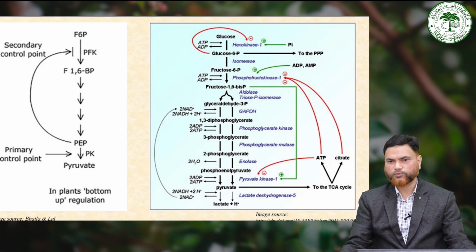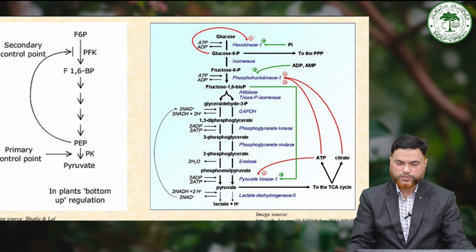The intricate regulation of pyruvate kinase thus acts as a sort of molecular switch. We have discussed earlier that pyruvate kinase acts as a molecular switch for fine tuning glycolytic activity based on cellular energy status and availability of glycolytic intermediates.